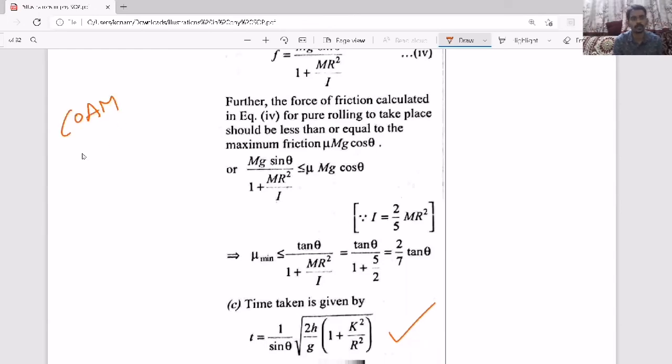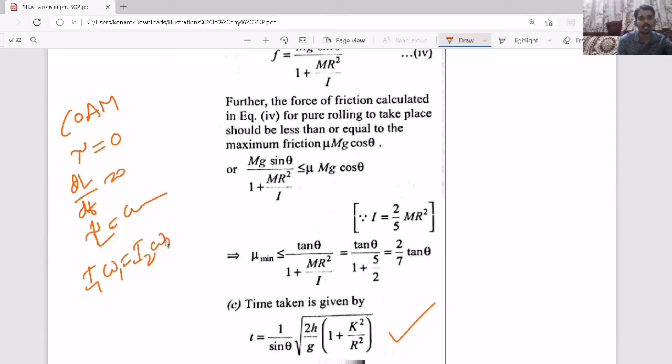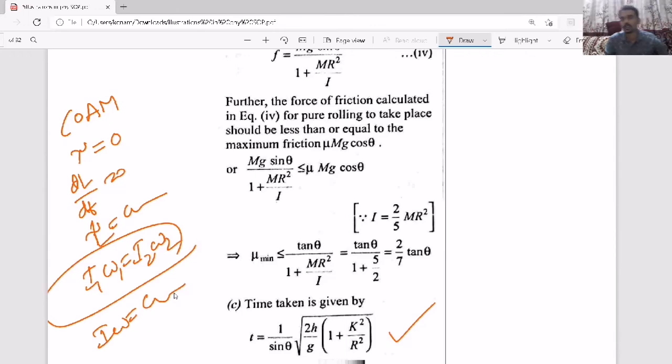See, conservation of angular momentum means for any system, if external torque is 0, then dL by dt is 0, then angular momentum remains constant. Then I1 omega 1 equal to I2 omega 2, or I into omega remains constant. So for any system, the angular momentum remains constant if the net torque on the system is 0.